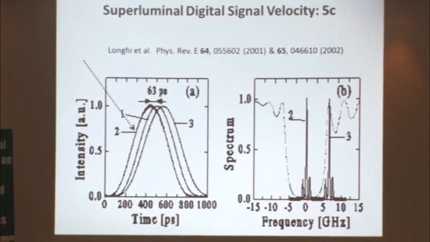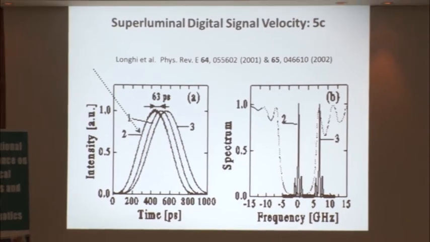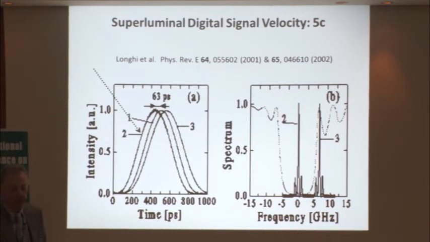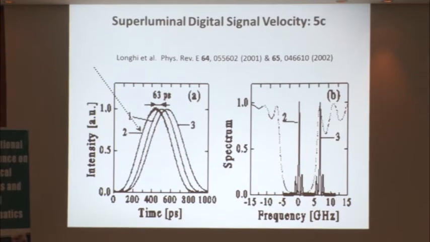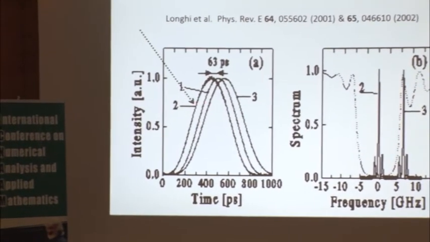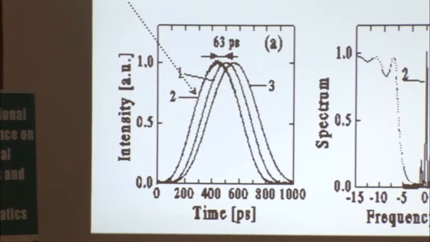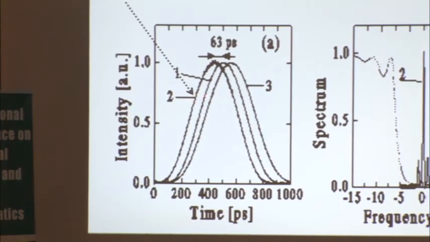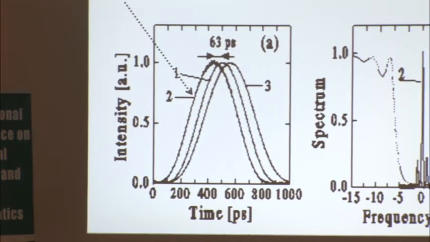And here we see what was done by technicians of Corning more than 10 years ago. They tunneled such a digital signal on the fiber, and they obtained an advancement at the velocity of 5 times c.